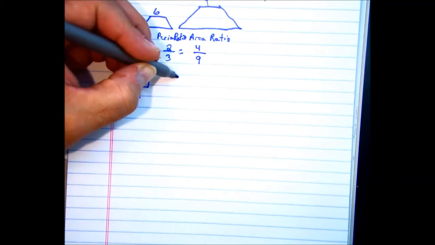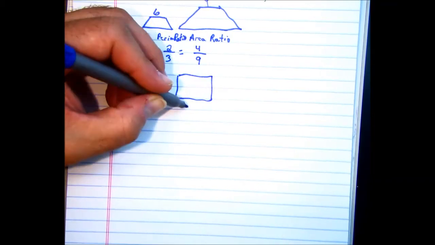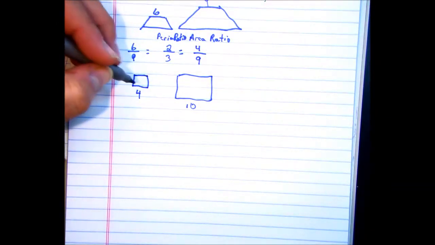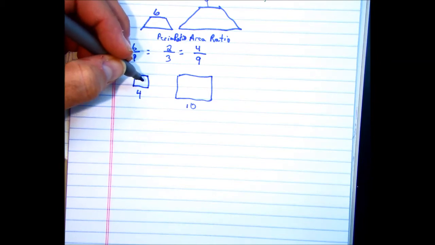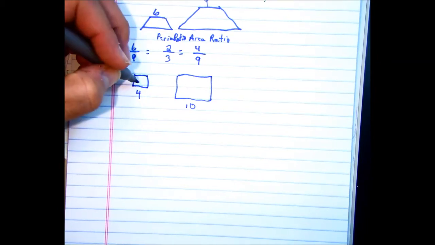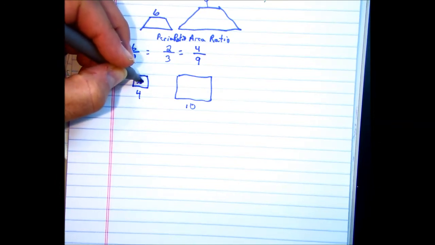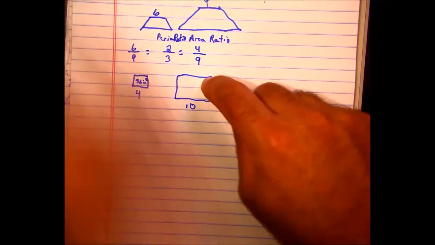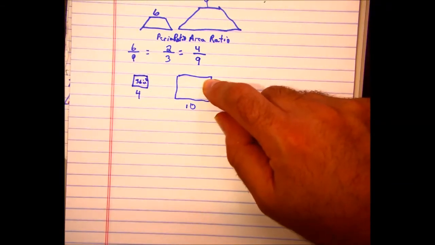This one's 4, and this one's 10. And then they give me one of the areas, okay? They give me the area of the smaller square. They say it's 36 inches squared. Okay. And then they ask me for the area of the bigger figure.